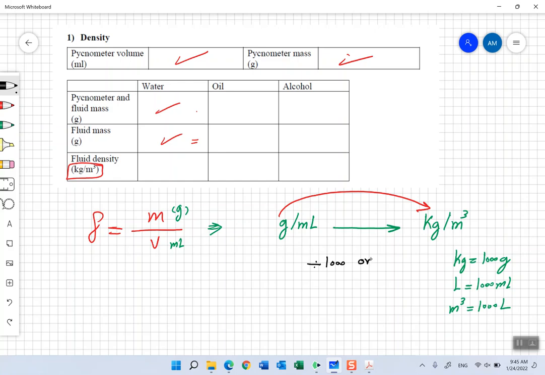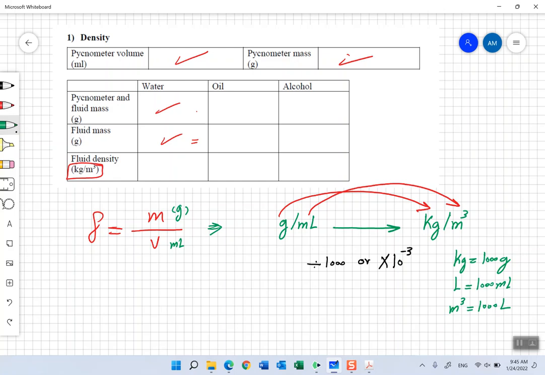Or there is also another approach, which is to multiply by 10 to the power negative 3. This is an equivalent approach. You can use either way. The second thing you should do is to convert milliliter to meter cubed.